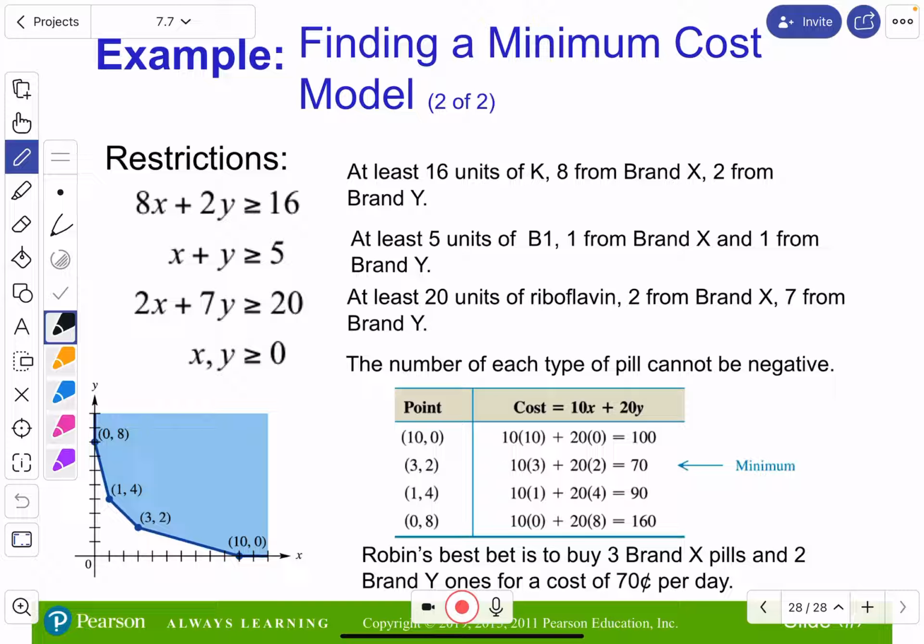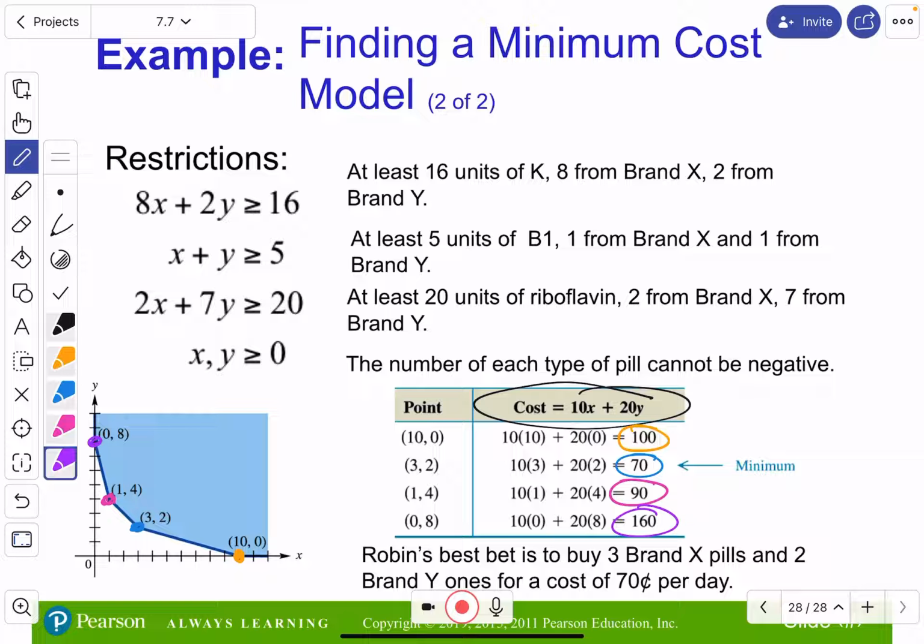Then we make a table. So we plug each of those points into our cost function. If we plug in 10, 0, that ends up costing us $100. If we plug in 3, 2, it costs us $70. If we plug in 1, 4, it costs us $90. If we plug in 0, 8, it costs us $160.